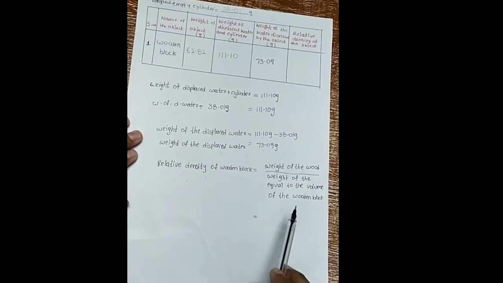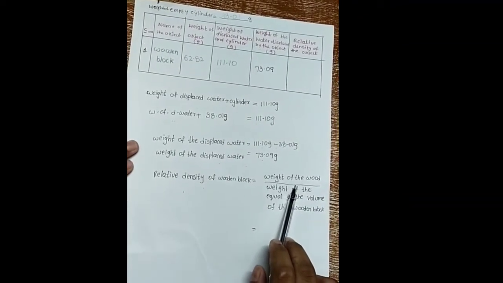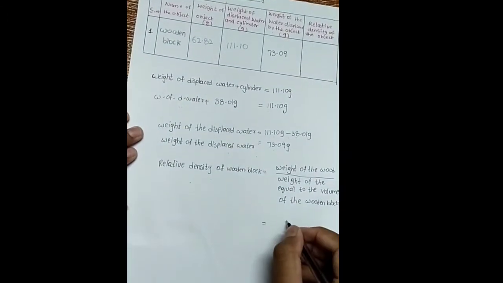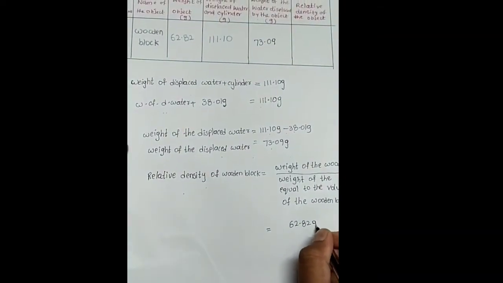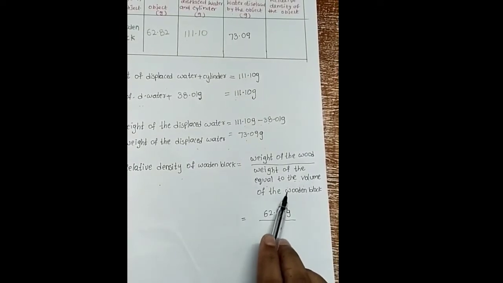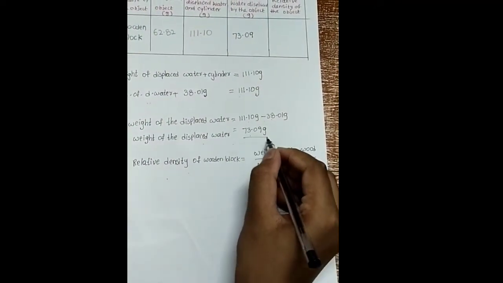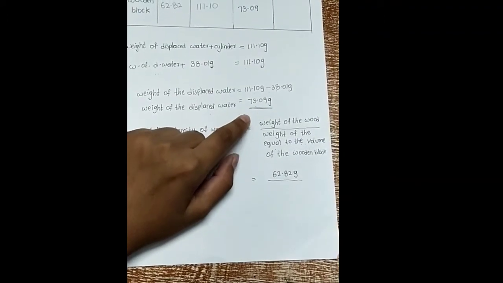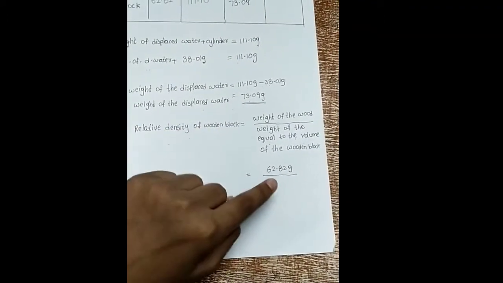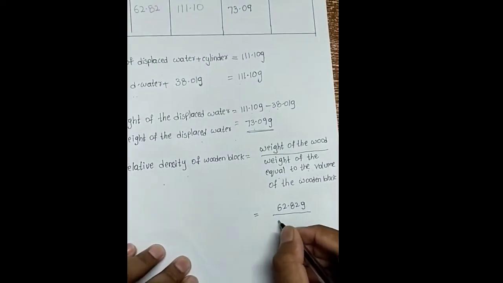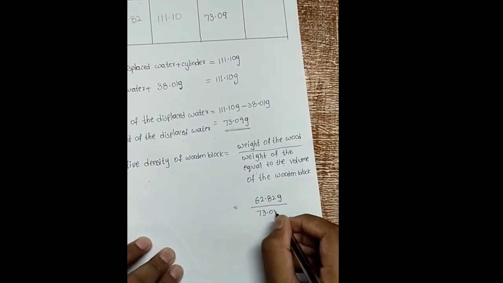So we already know that the weight of the wood is 62.82 grams, divided by the weight of the equal volume of water. Here we already know that the weight of the displaced water is 73.09 grams. So we write the reading here for the weight of the equal volume: 73.09 grams.